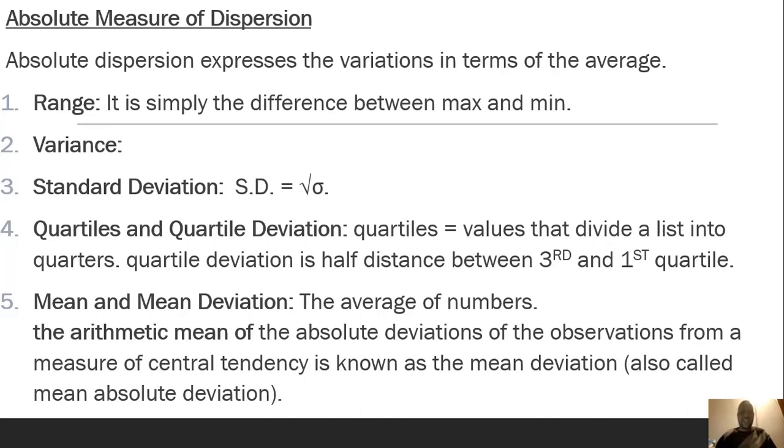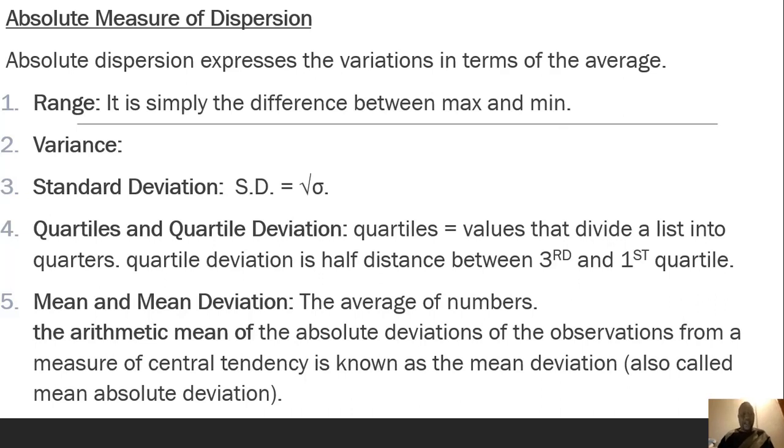So standard deviation, SD, is simply the square root of a variance. A variance will be denoted as σ squared, because a variance is the standard deviation squared. The standard deviation squared will be a variance, but standard deviation is the square root of a variance.